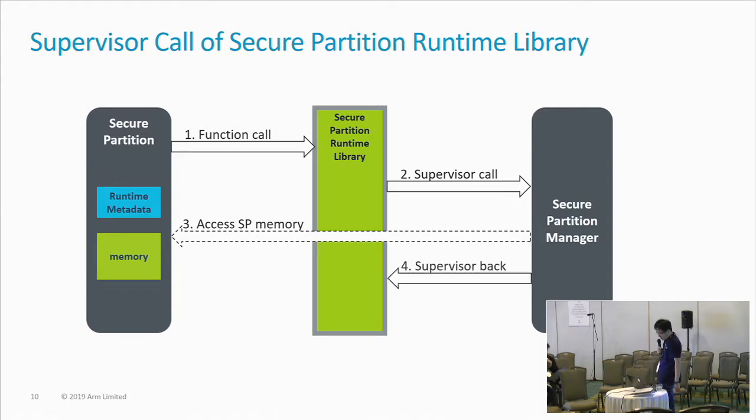After it finishes the process, it will return by supervisor return to the secure partition runtime library and then function return to the secure partition. In this method, it will include interfaces such as PSA client APIs, secure partition APIs, miscellaneous APIs, and the print function.